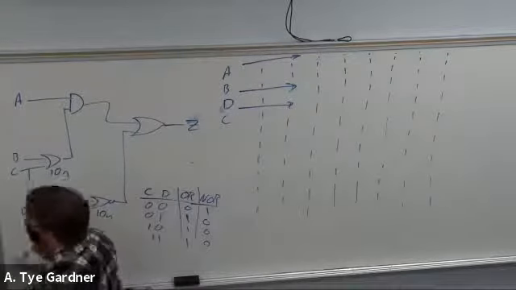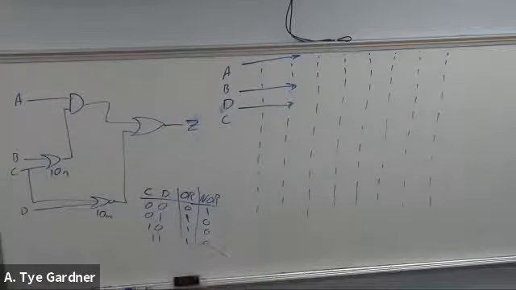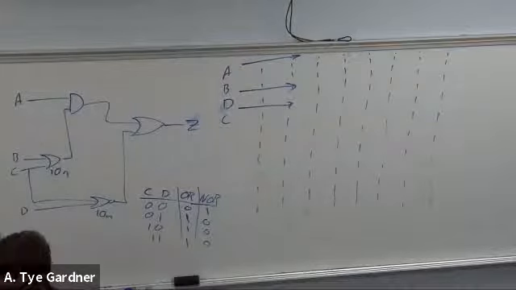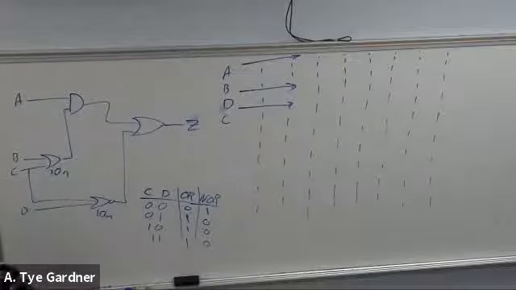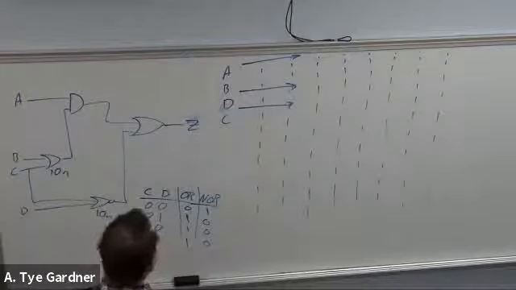Now, C is what changes. And I know that it has to be a static 1 or static 0 hazard, right? Which means it's either supposed to stay at 1 and it doesn't, or it's supposed to stay at 0 and it doesn't, right? Well, it turns out that it's easier for me to write static 1 circuits than static 0 hazard circuits.